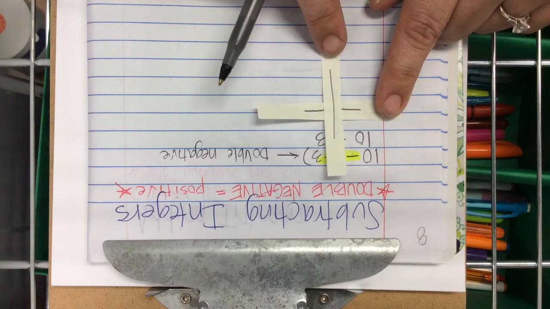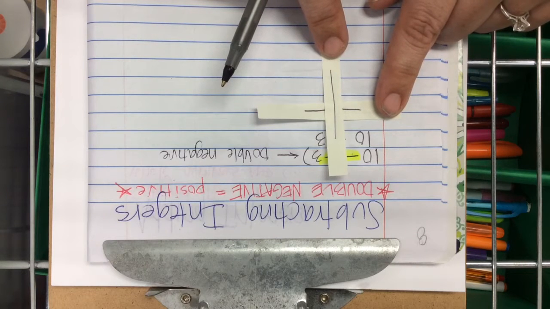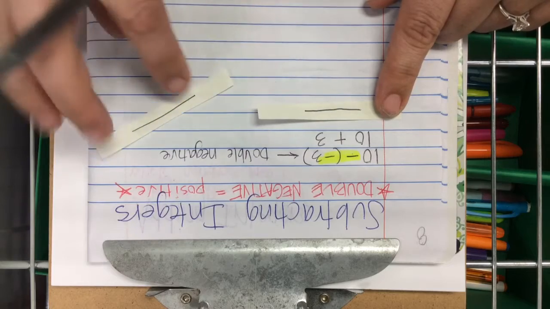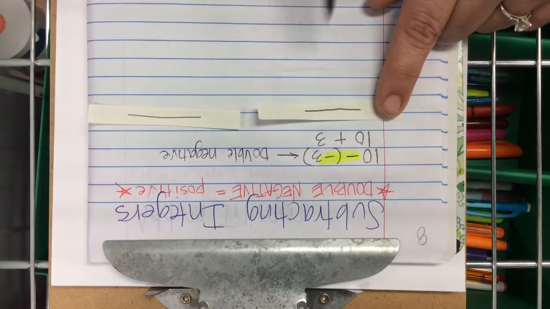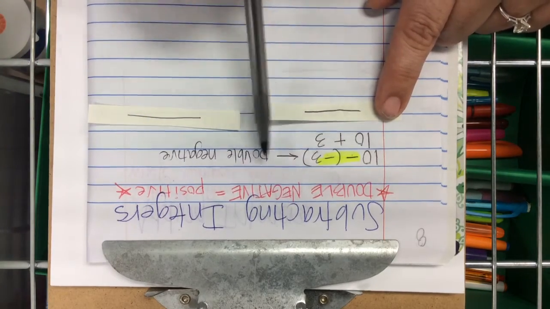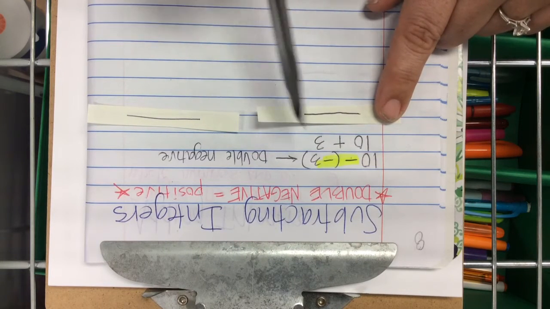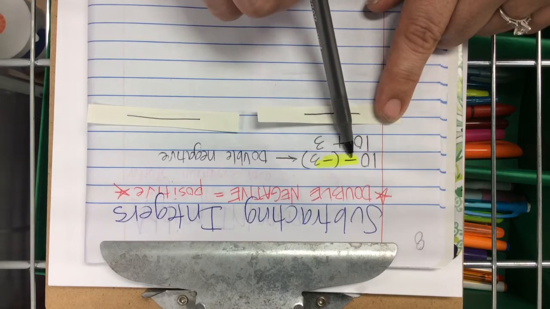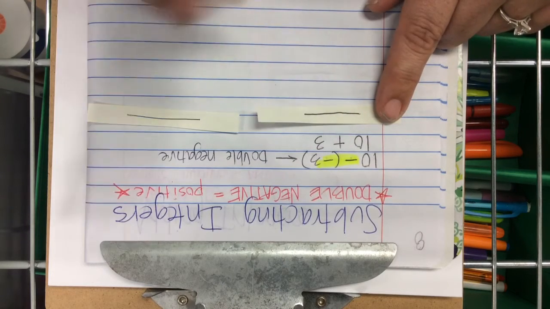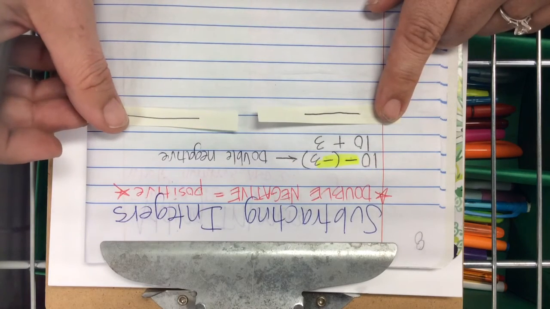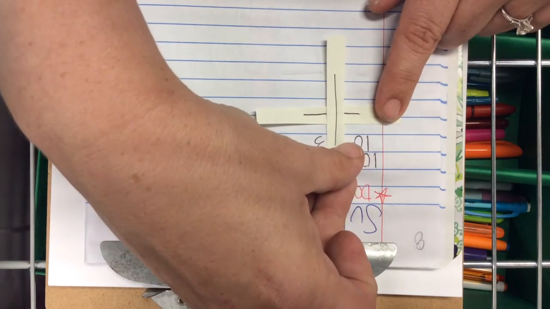Two lines make a plus sign. In order to make a plus sign, you have to have two lines. So if two lines touch like this, if there's a number between them, it doesn't count. But if there's negative or minus negative, if two lines are right next to each other, I can make them into a plus sign.